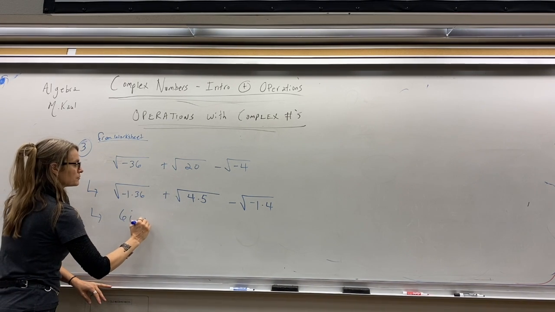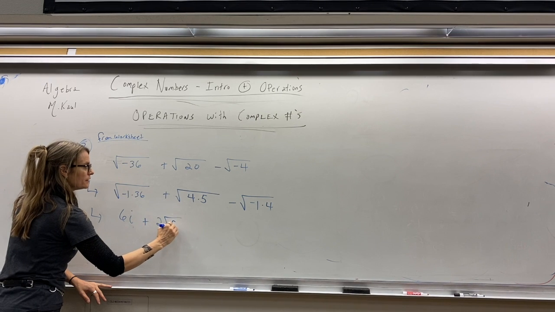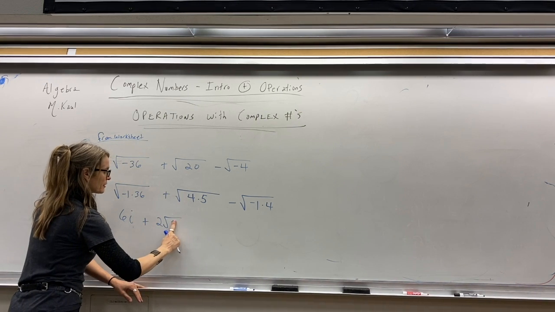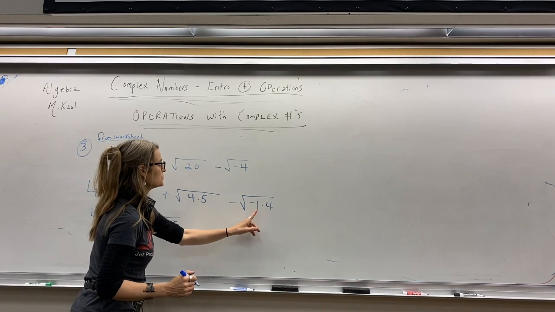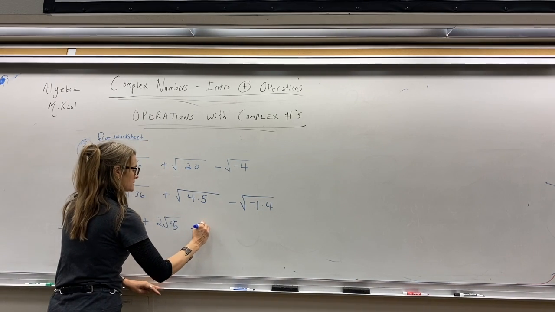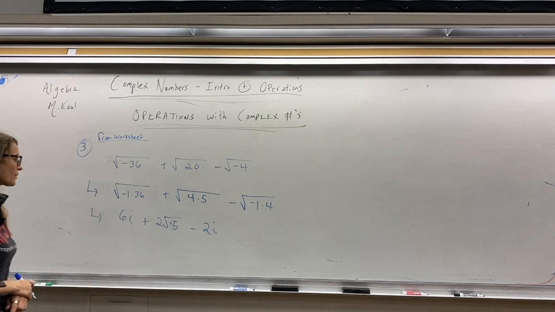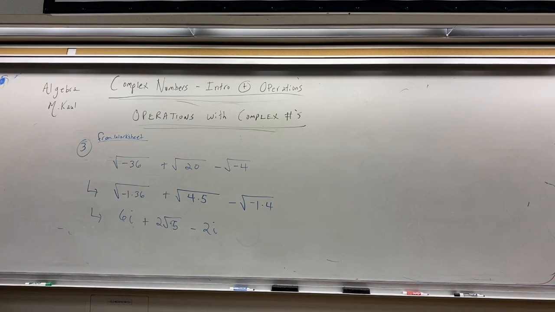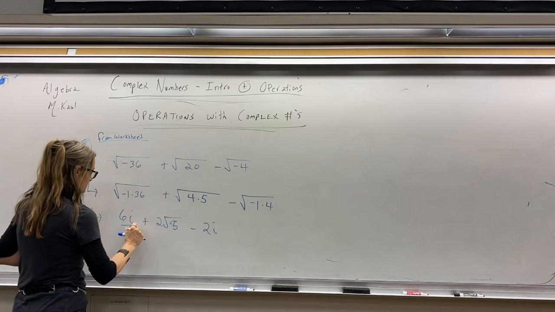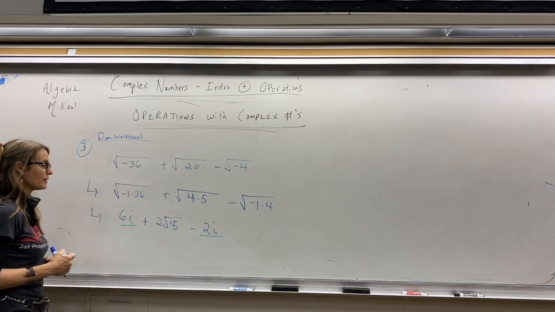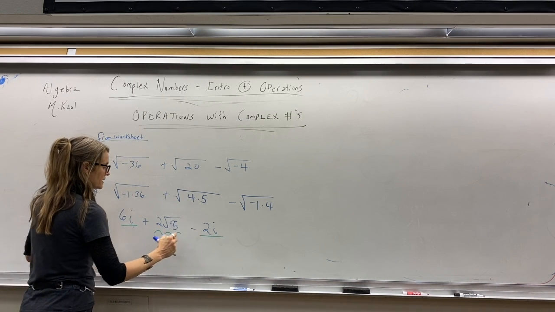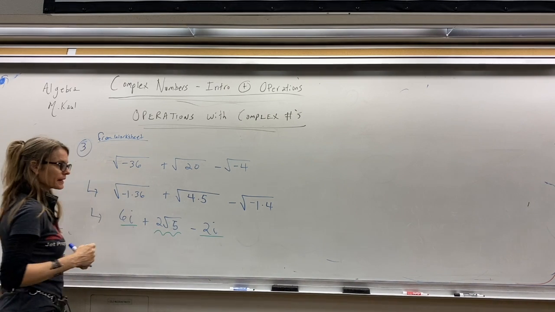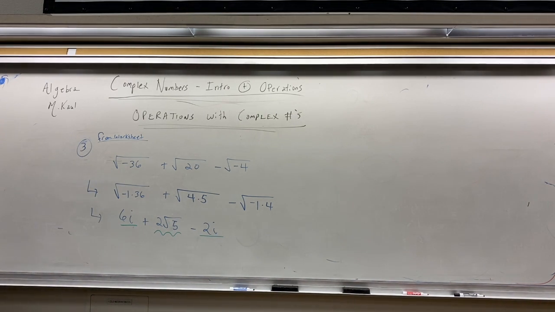And then here I have plus 2 square roots of 5. And here, 2i, minus 2i. Okay, so this is what I have so far. Am I done? No, because I see that I have 2 imaginary parts that I can combine. And I have 1 real number part. So this real number has a square root in it, but it works the same way.